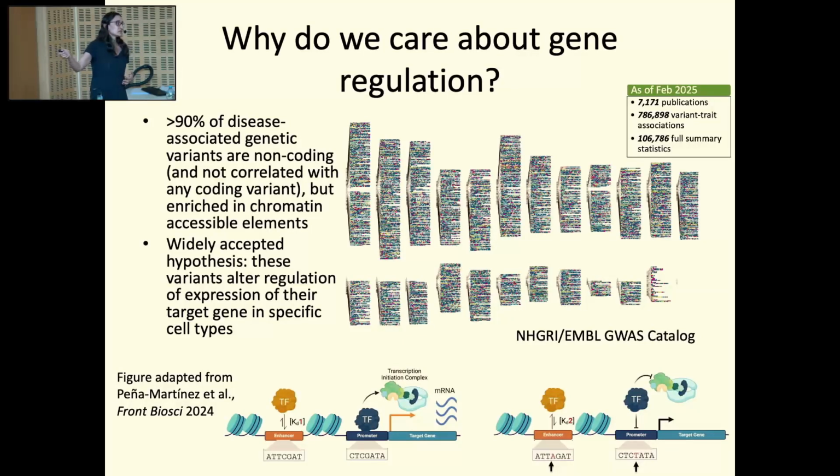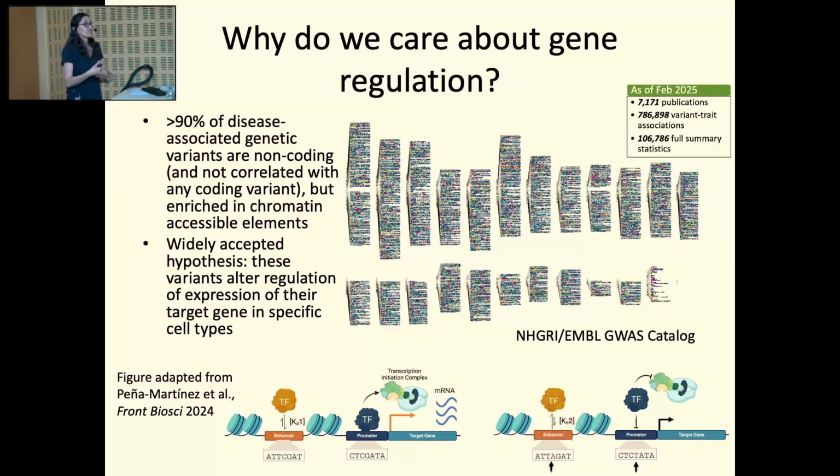Basically, the whole field thinks what they're doing is altering gene regulation. So these changes, these mostly point variants, single nucleotide polymorphisms, are changing enhancers, changing their activity, and changing the regulation of gene expression of specific targets and specific cell types, okay?